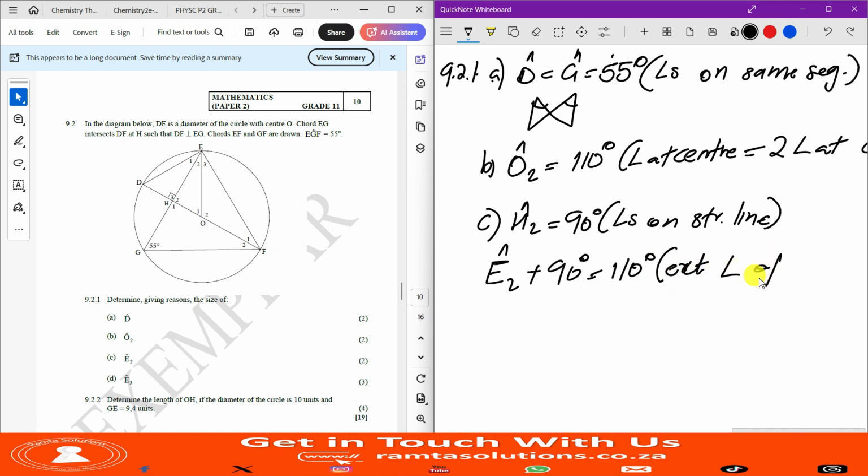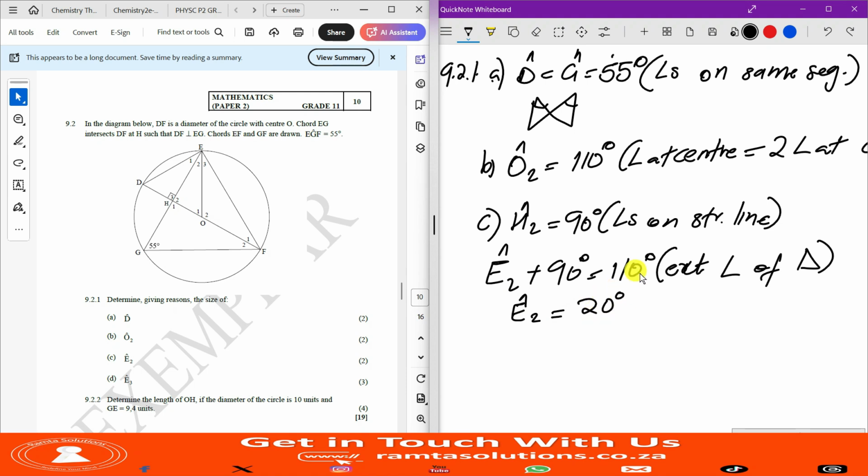Exterior angle of a triangle is equal to the sum of interior opposite angles. In other words, O2 is equal to H2 plus E2. Therefore, angle E2 is equal to 20 degrees. Happy? Good.